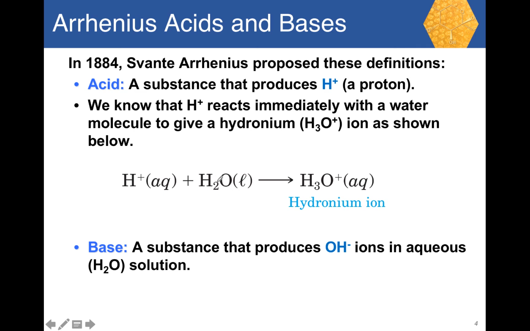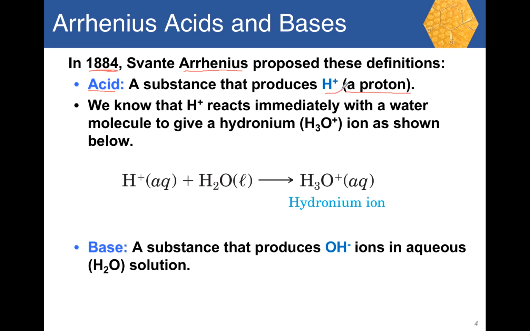So let us look at a chemical definition of an acid and of a base. This definition came in the 1800s, over 100 years ago, from Arrhenius. So remember that name, Arrhenius' definition. What he basically stated was that an acid is a substance that produces a proton.